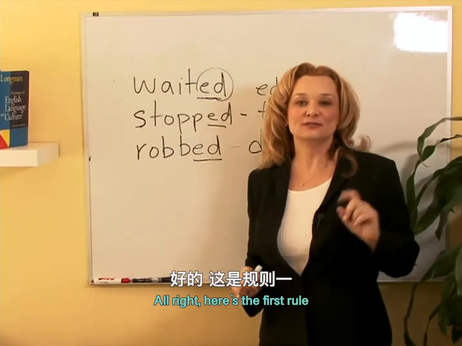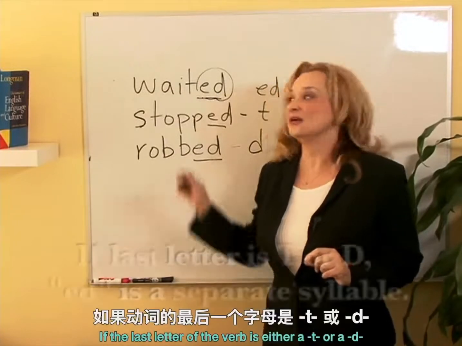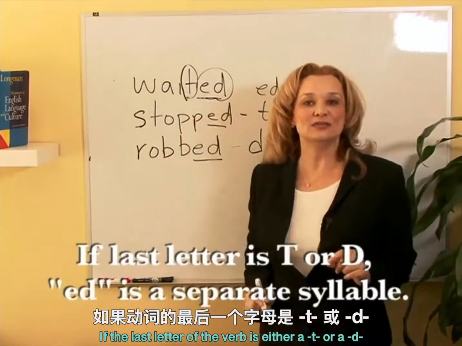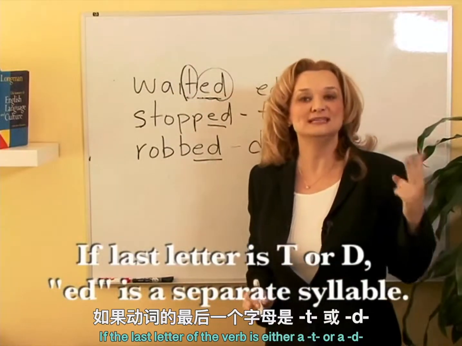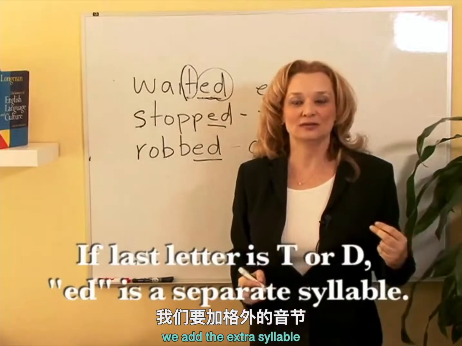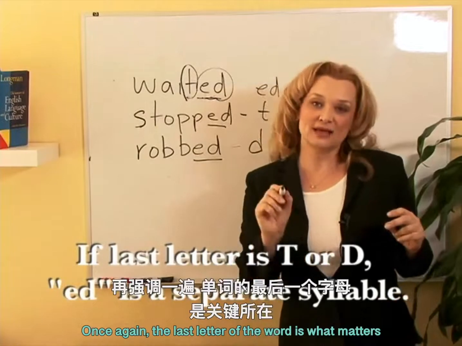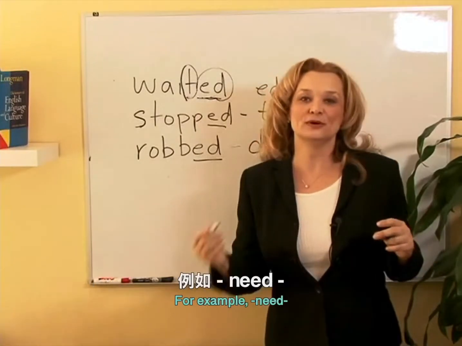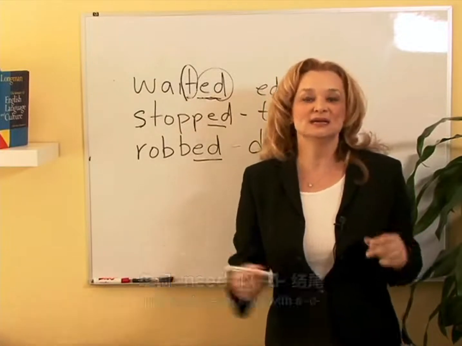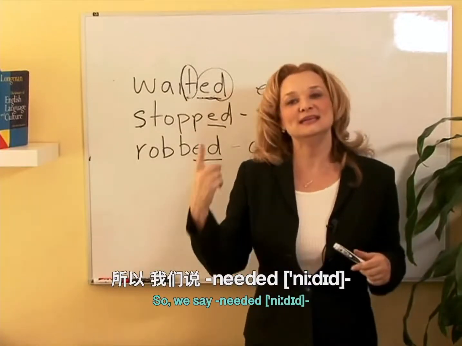All right, here's the first rule. If the last letter of the verb is either a T or a D, we add the extra syllable. Once again, the last letter of the word is what matters. For example, need. The word need ends with a D. So we say needed.